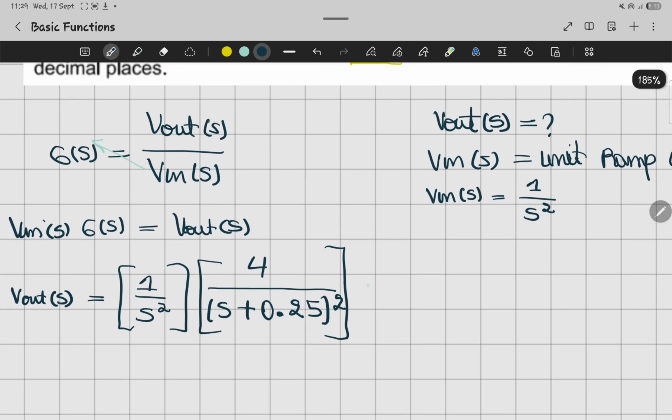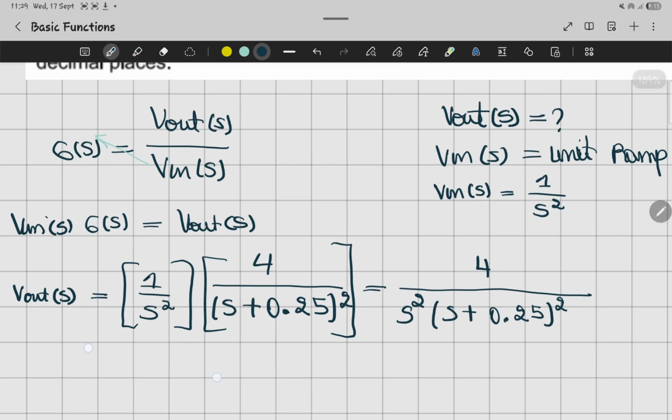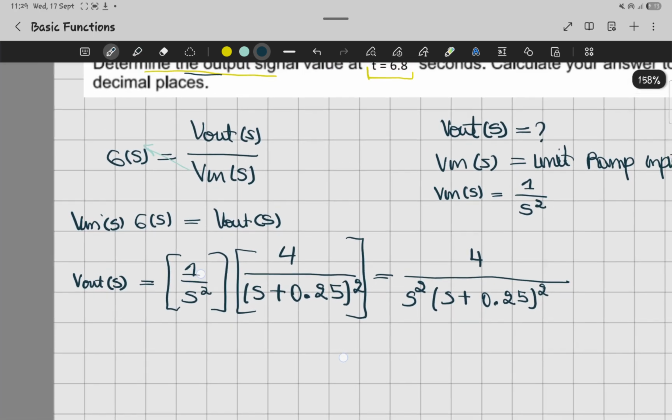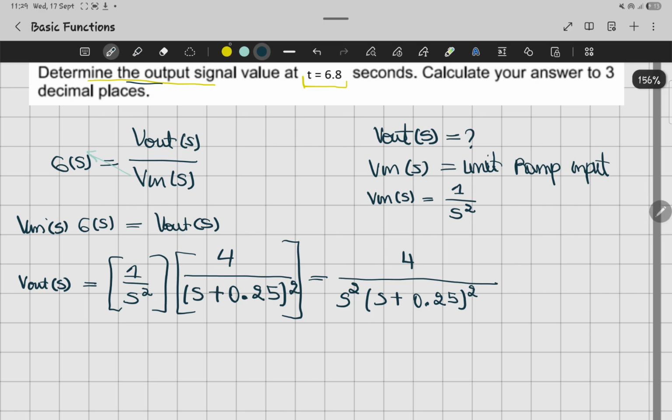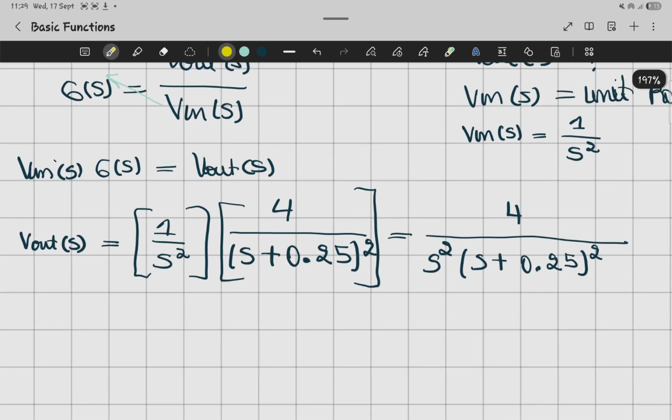And this is going to give you something like this: 4 over s squared times (s plus 0.25) squared. Then from here on, if you have to continue, you're going to look into the Laplace table, and if you don't find the formula for this in the Laplace table, you will go for number 1, which is partial fraction.